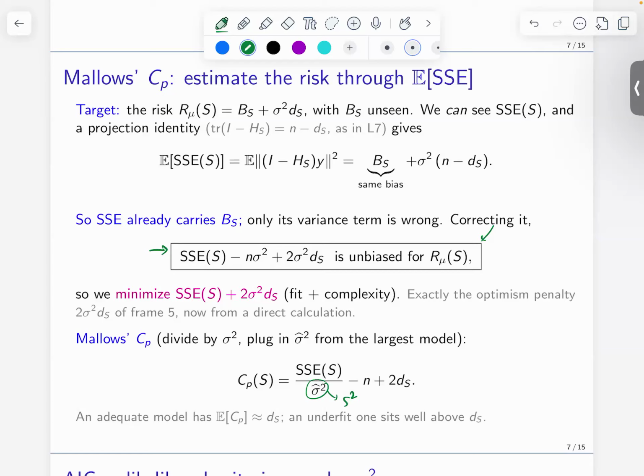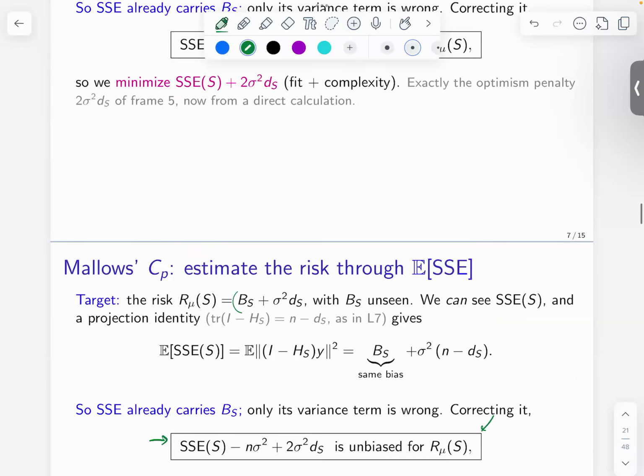But this CP you can actually calculate, and for adequate models, the expectation would be close to ds. The approximation is because this is approximate. If this was sigma squared, for adequate models, the expectation would be exactly ds because the bias would go away.